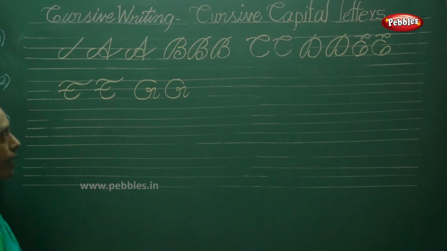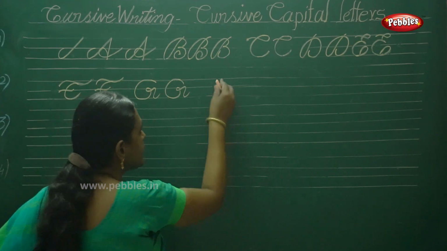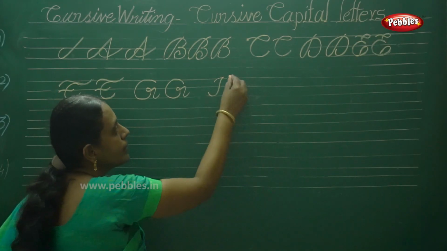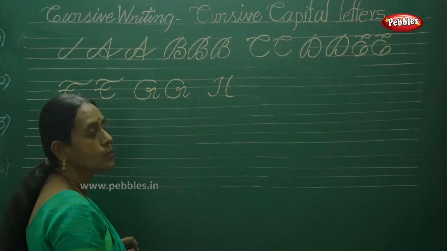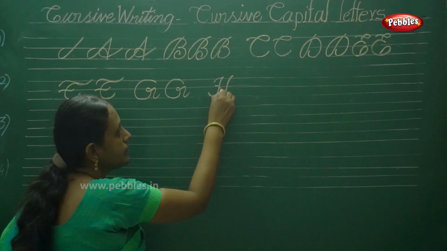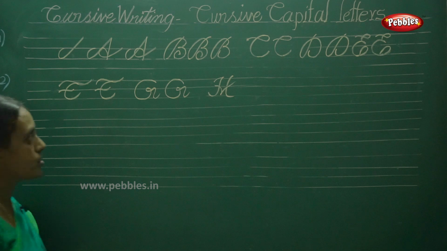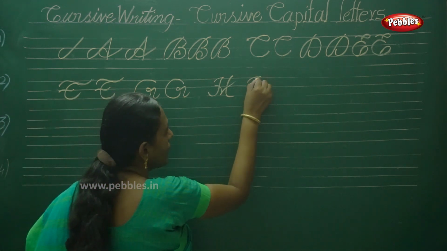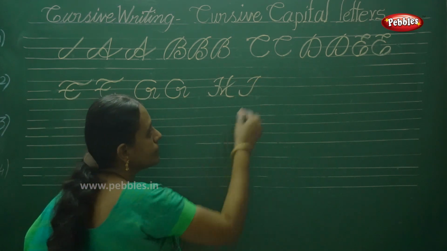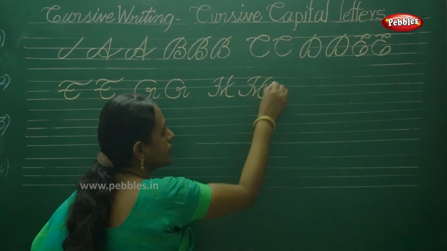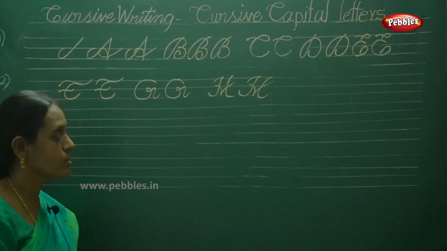G. And H, it has 3 steps. 1, then 2, and the third one is like this. Cursive H. 1, 2 and 3. That is H.